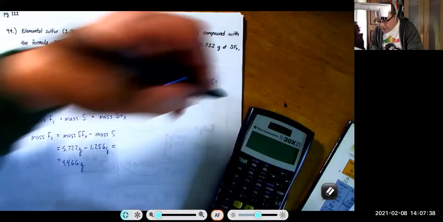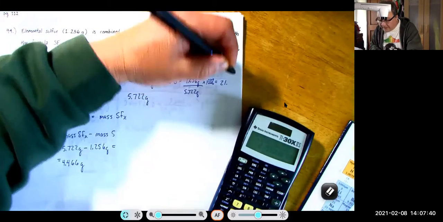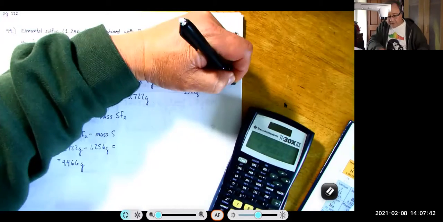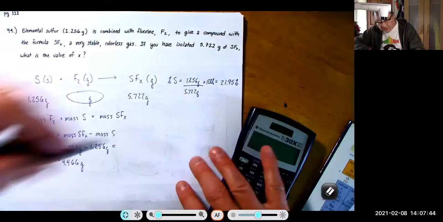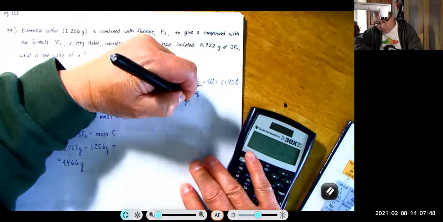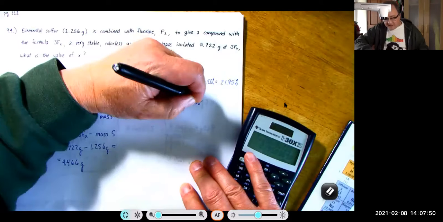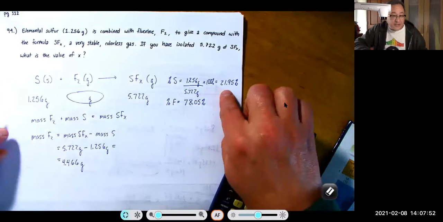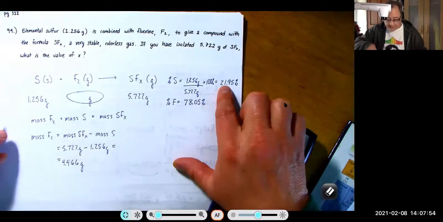So there's 21.95% sulfur in this compound, which of course means that for the fluorine, there's 78.05%, because to get this number, I simply subtracted that from 100.